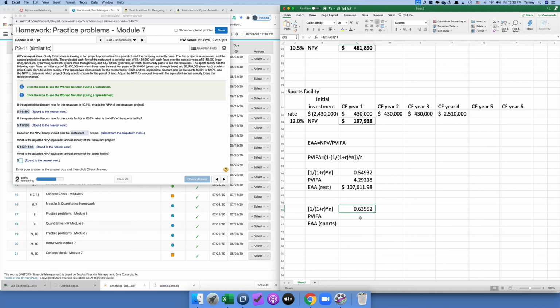And that gives us a present value interest factor for the annuity of 3.03. Again, we take 1 minus this number divided by the rate, and then that gives us, for the sports facility, an equivalent annual annuity of $65,167.95, which means that the restaurant remains the more attractive option.